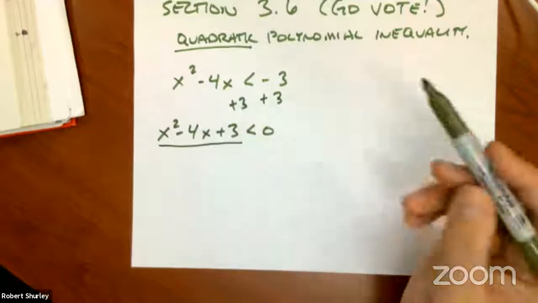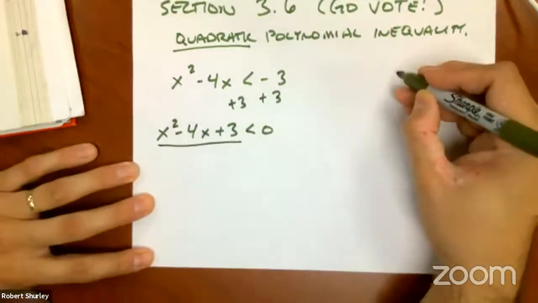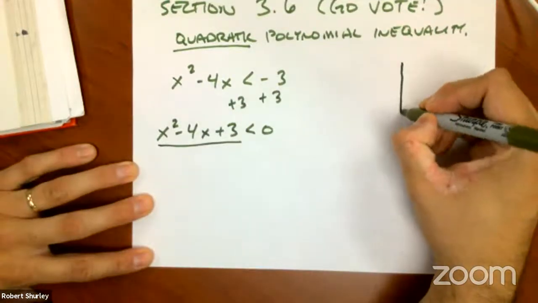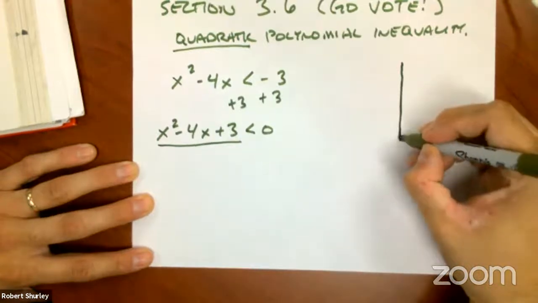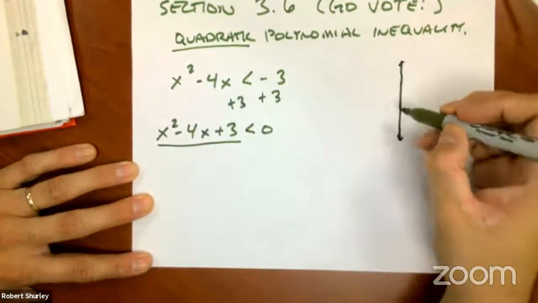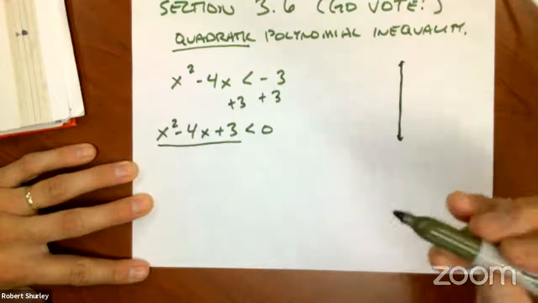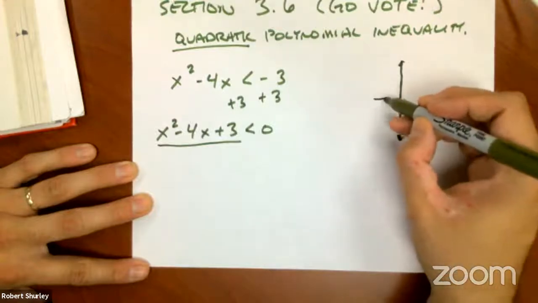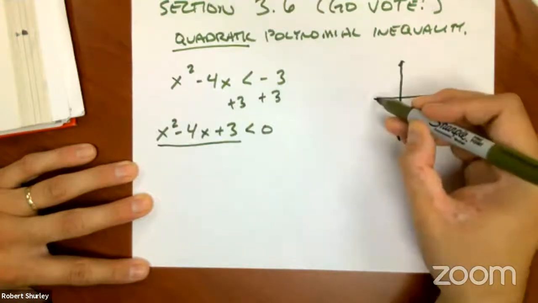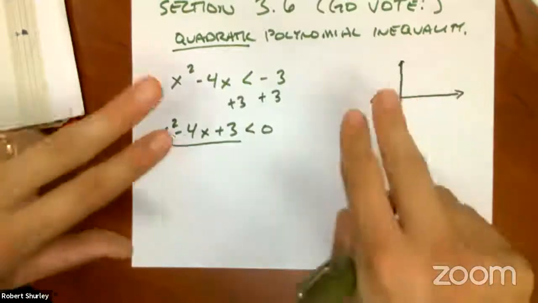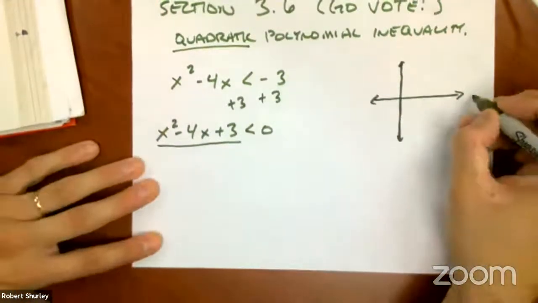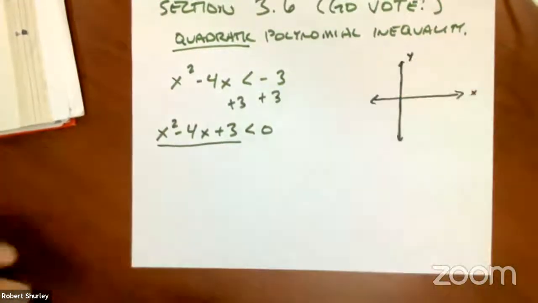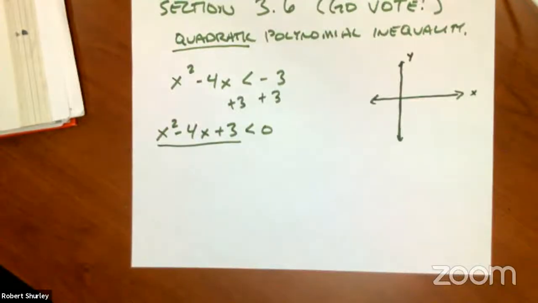We know the y-intercept's 3. We can find the vertex. We can do all kinds of fun stuff. The easiest way to do it is just pop it in your calculator. But I want you to pay specific attention to the x-intercepts. They're going to be called the boundary points. Your book calls them boundary points, okay? We're going to pay special attention to the x-intercepts.